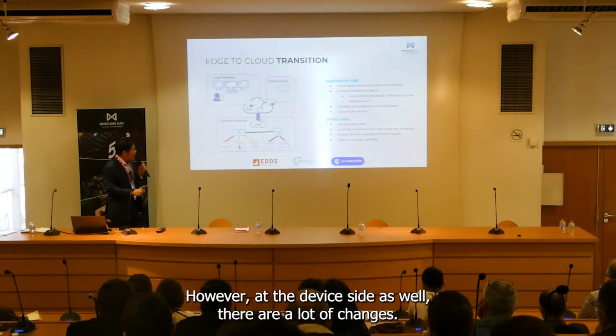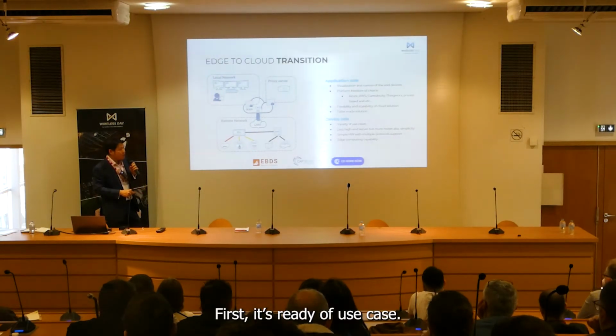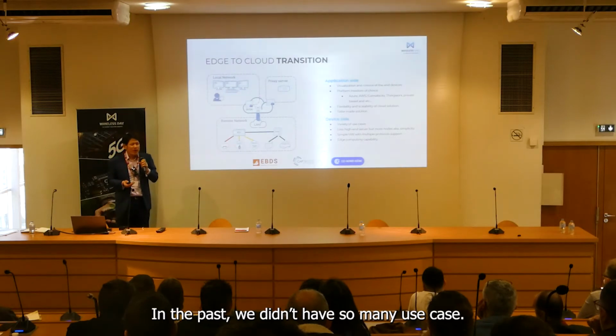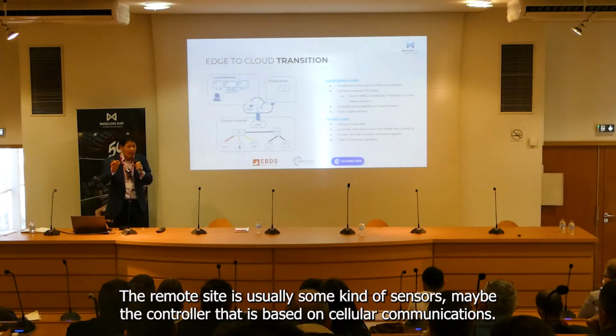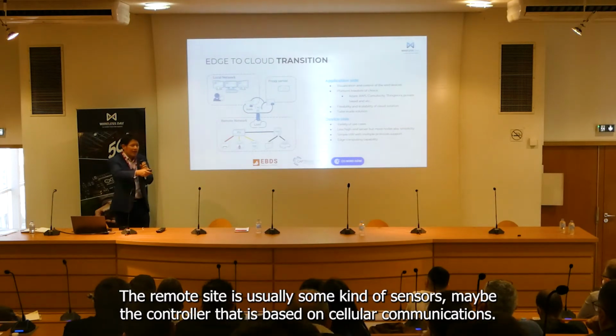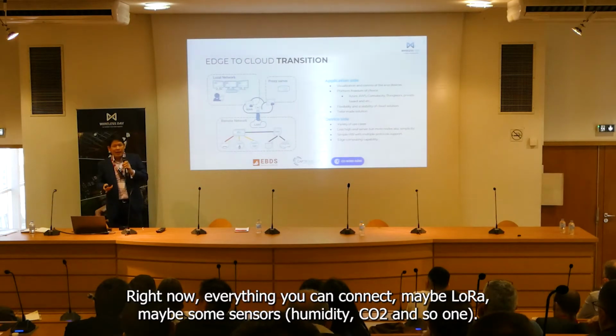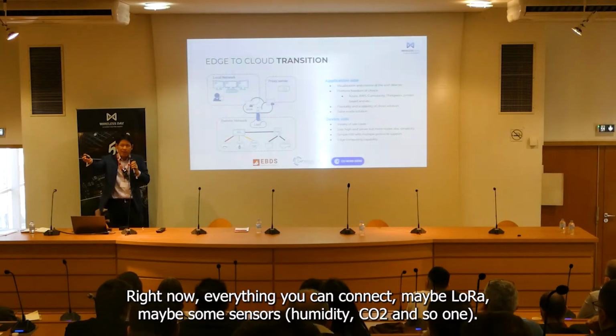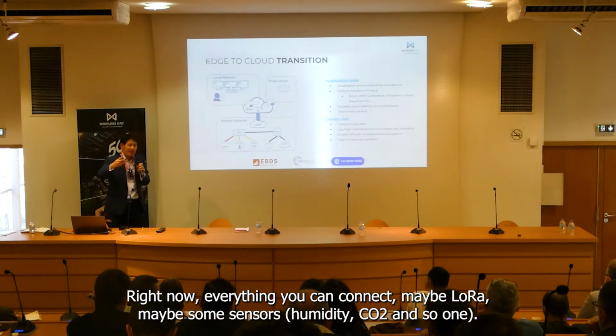However, at the device side as well, there's a lot of change. First is the variety of use cases. In the past, we didn't have so many use cases, right? The remote side was usually some kind of sensor, maybe a controller based on serial communication. Right now, everything you can connect via maybe LoRa, maybe some sensor, such as humidity, CO2, and so on.